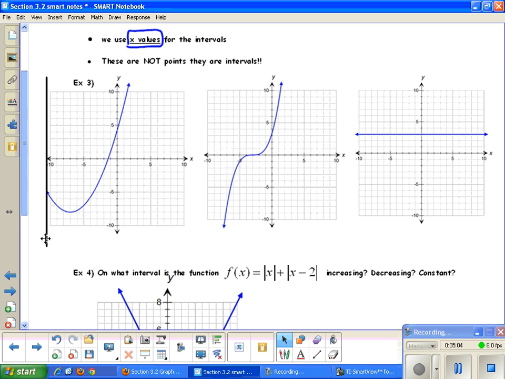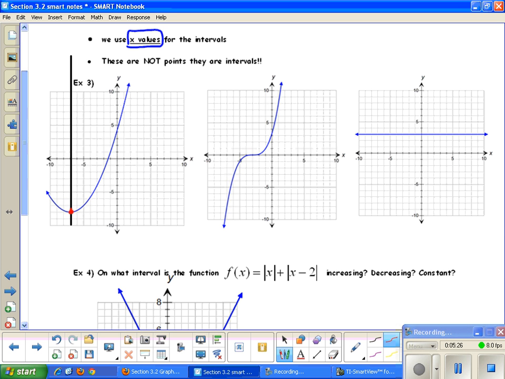Notice that for this first part, our y values are decreasing until you get to about this point right here. So for my interval, I would write from negative infinity to this x value point right here, we are decreasing. I have to figure out what that value is.